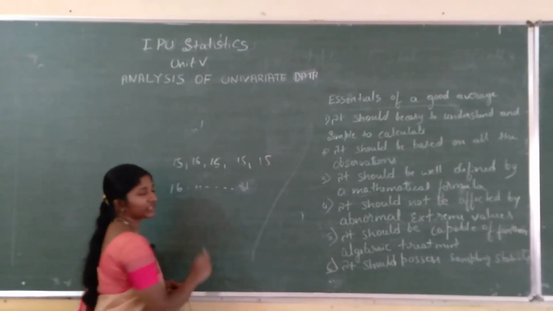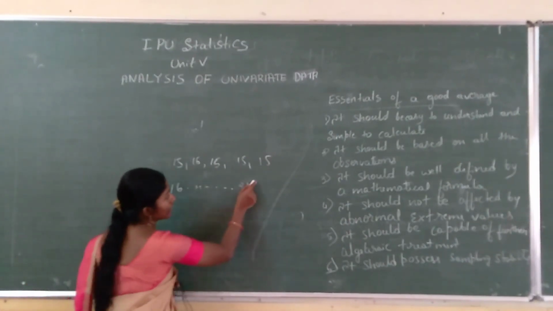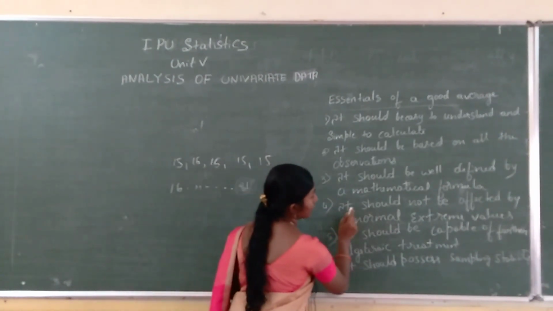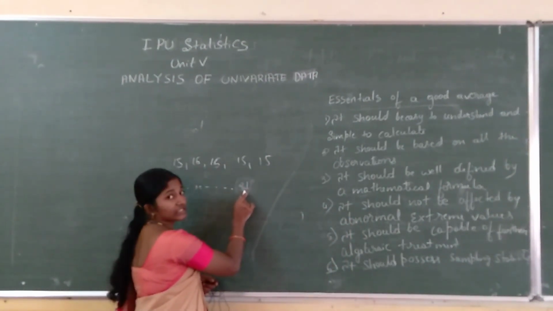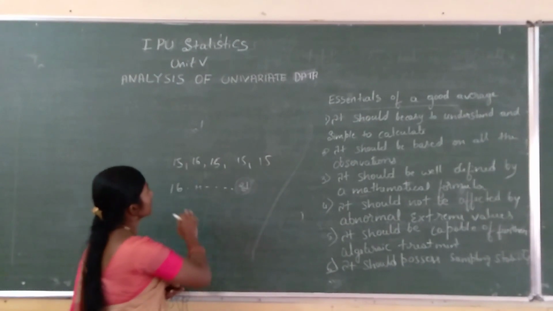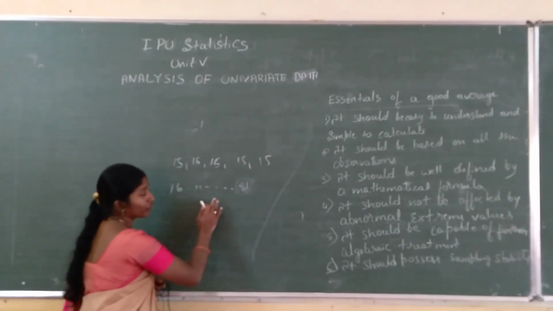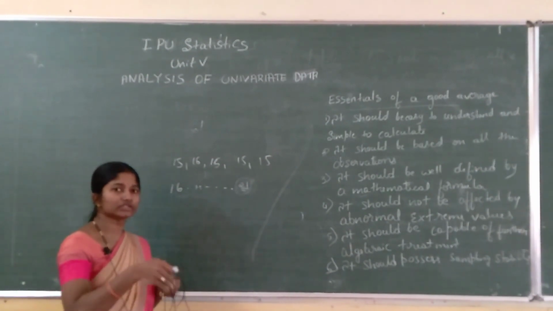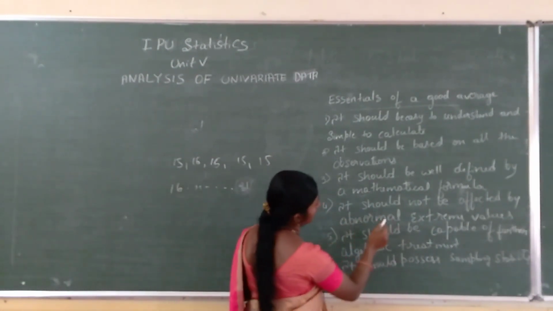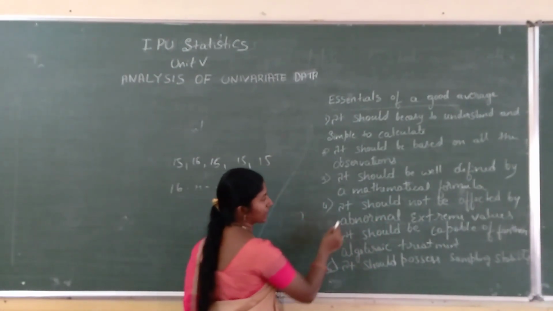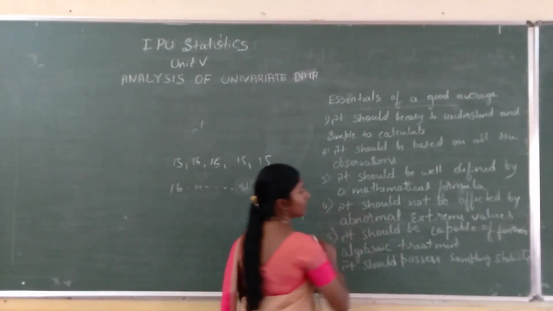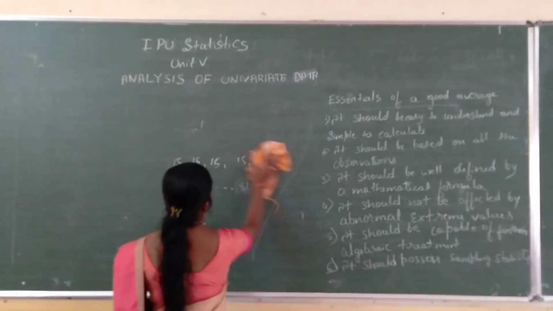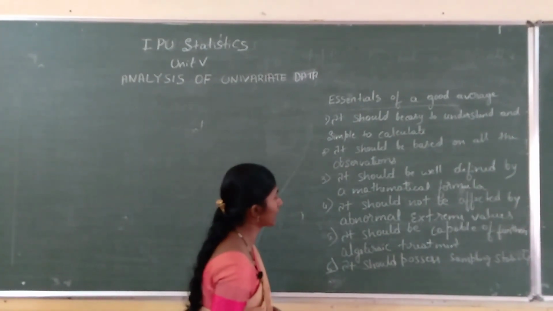You will get some other value. Therefore, this is an abnormal extreme value. These are all in one group, and if one of the values is high or one is low, that type of data we can say is an abnormal extreme value, and a good average does not get affected by it in the calculation.